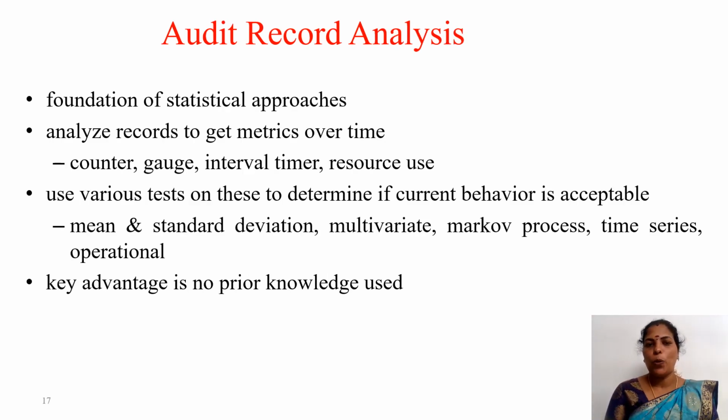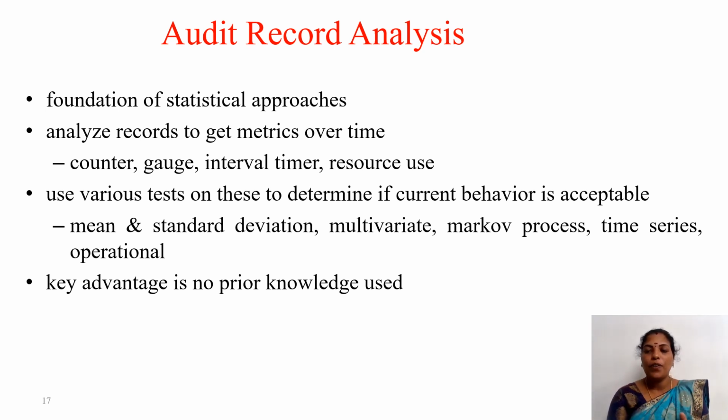Then how do we analyze the audit records? It is one of the foundations of the statistical approaches. We analyze the records to get metrics over time like counter, gauge, interval timer, and resource use, and we perform various tests on these to determine if the current behavior is acceptable or not. So audit record analysis is a statistical approach.